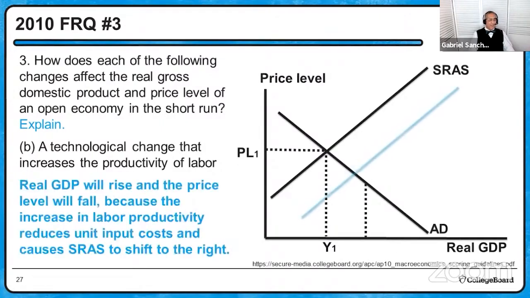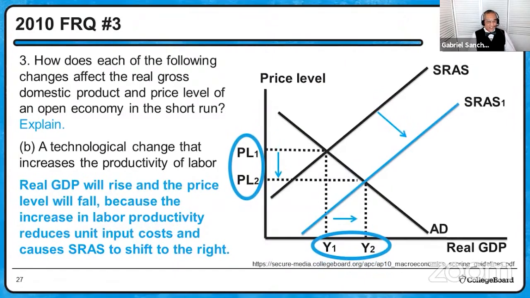Here we go. GDP will rise and the price level will fall because the increase in labor productivity reduces unit input costs and causes the short run aggregate supply to shift to the right. So as we can see here, productivity is a determinant of aggregate supply. If we increase productivity, we can produce more at less cost. That is an increase in supply.